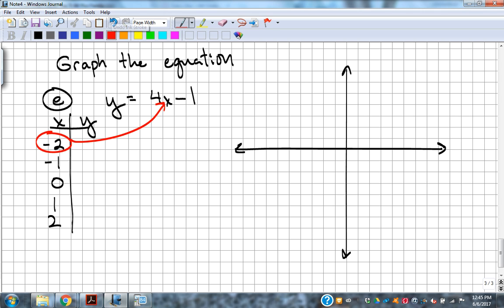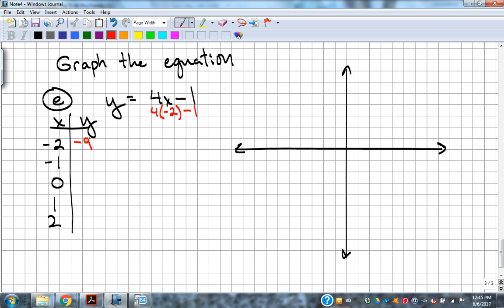I want to take those x values and put them in the place of x in the problem. So 4 times -2 minus 1. I've got to follow order of operations. So all that stuff we talked about this morning is back in play. 4 times -2 is -8. -8 minus 1 is -9.